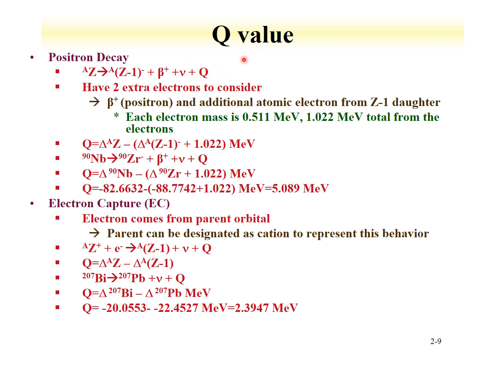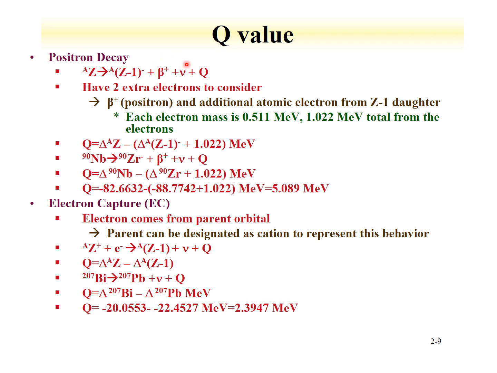So let's consider the Q value. Now, fundamentally, we have 2 extra electrons to consider. I have this atom that decays. I've taken a proton and converted it to a neutron. So this atom has an excess electron.